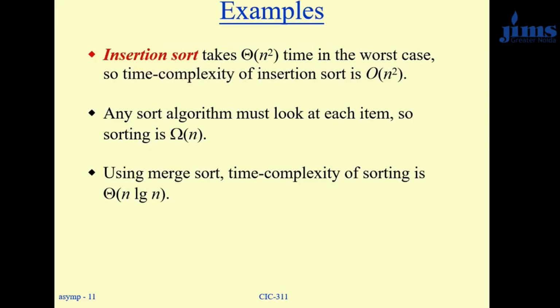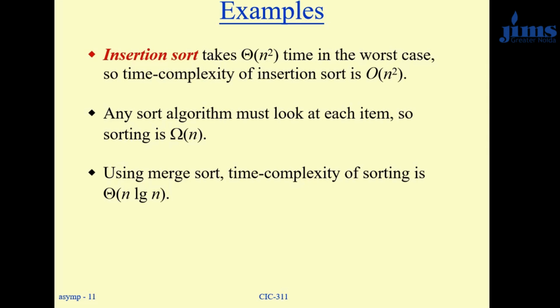Now, discussing the complexity of some sorting algorithms, I could say that insertion sort takes theta of n square time in the worst case. So the time complexity is big O of n square. How it comes to be n square, we shall discuss when we discuss the sorting algorithms.